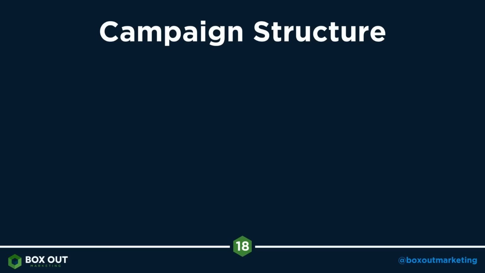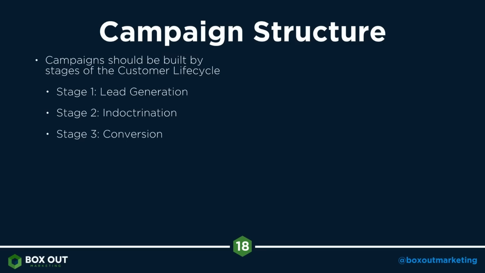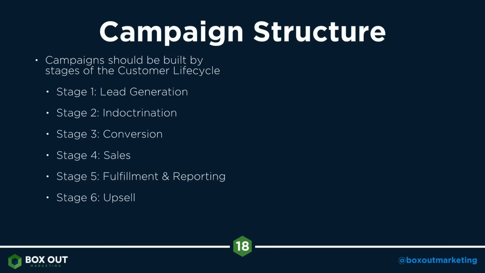Okay, so let's talk about some of this structure, the way, as we call it, right? So the first thing is that you build your campaigns by stages of the customer lifecycle. I already mentioned this, but our campaigns in our account are literally labeled stage 1, whatever, stage 2, whatever, stage 3, whatever, right? And so these are the stages: lead generation, indoctrination, conversion, sales, fulfillment and reporting, upselling, and referrals.